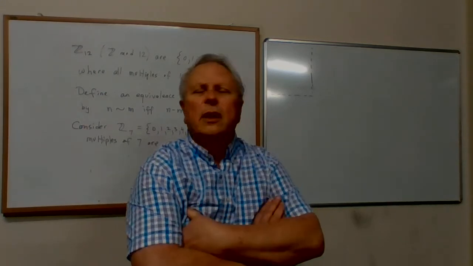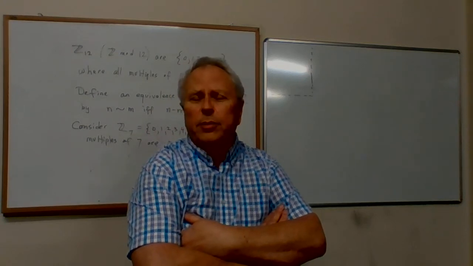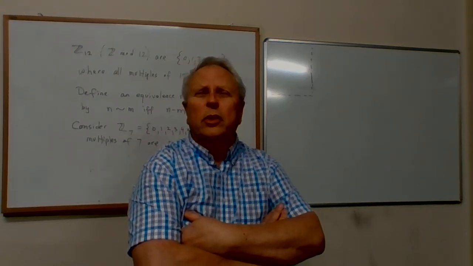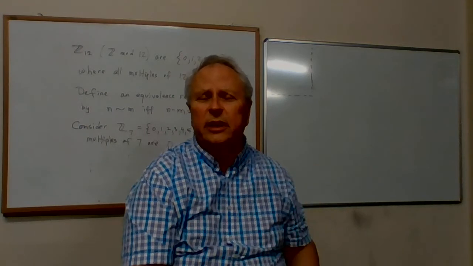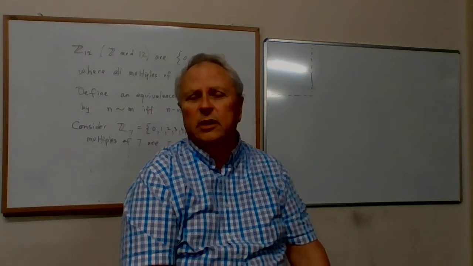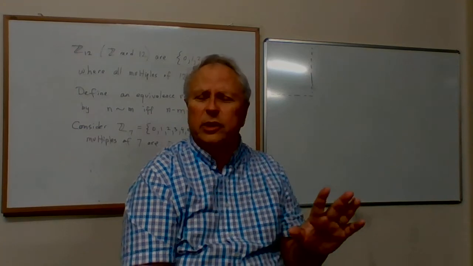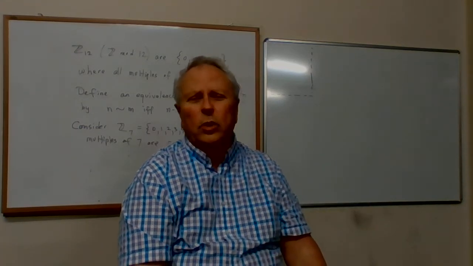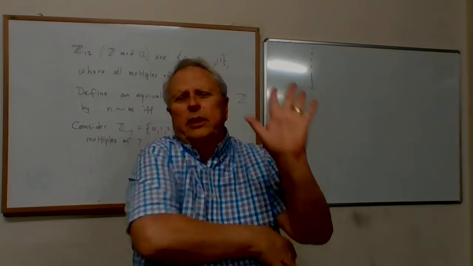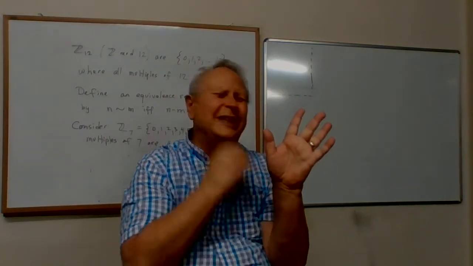Well, there would have to be some number that when I multiply it by 3, it gives me 1. That's the definition of a multiplicative inverse. Some number that when you multiply it by the original number, the answer comes out 1. Well, what do you think might be the multiplicative inverse of 3?